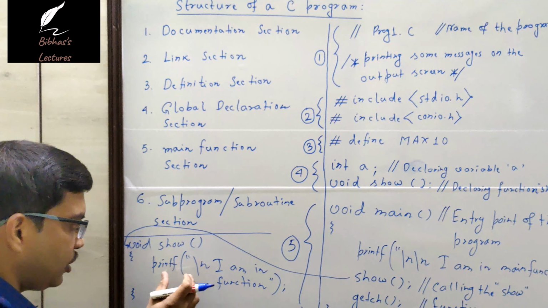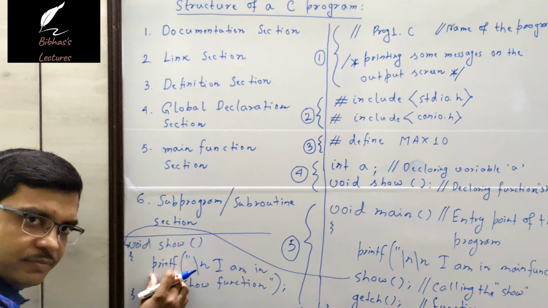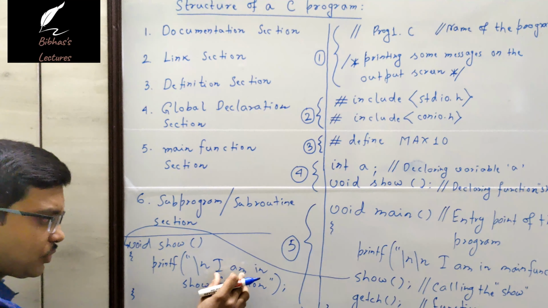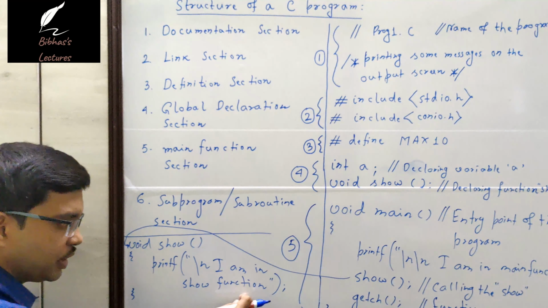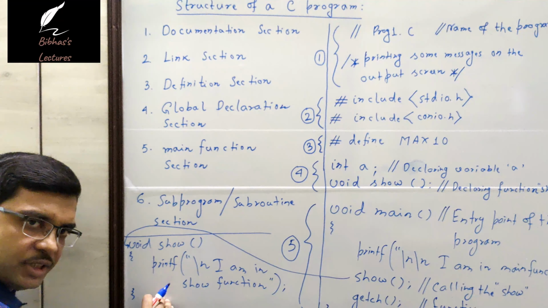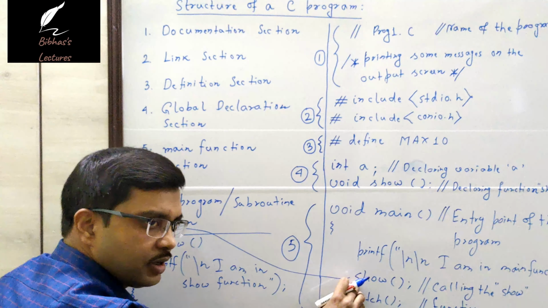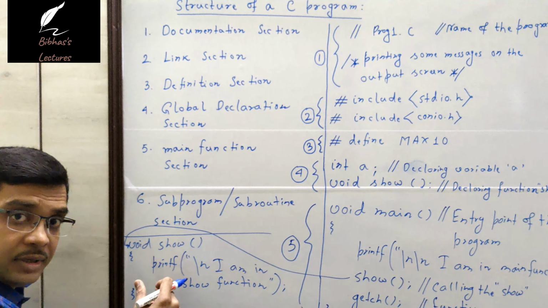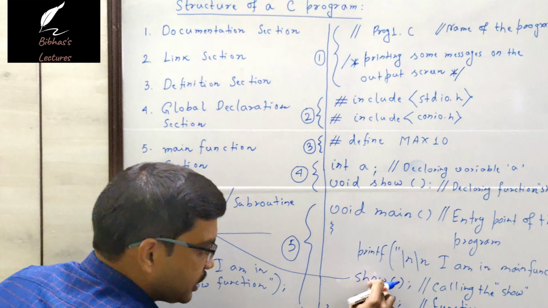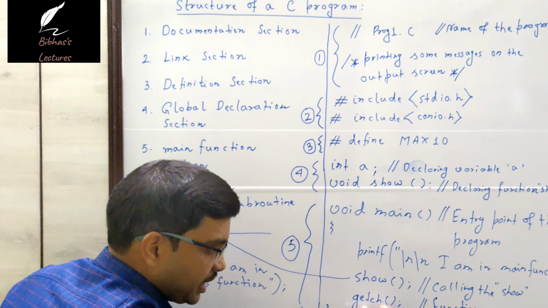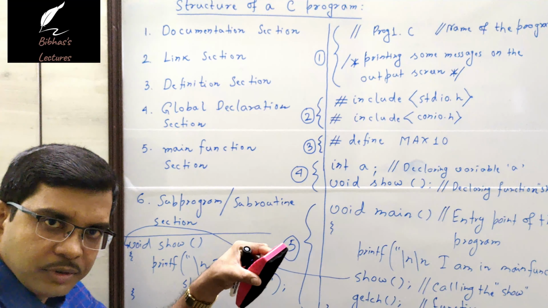Now inside the show method, when this printf function is executed, it will print I am in show function. Then no more statements are there inside the show function, so the control will return back to the same line from where it came to the function show, and after that it will execute the getch. That means it will hold your output screen.